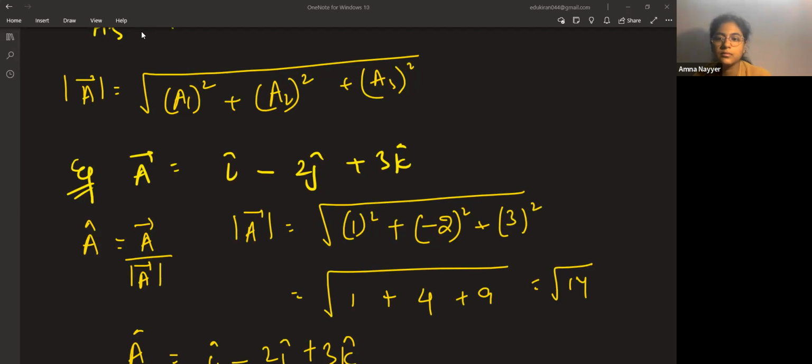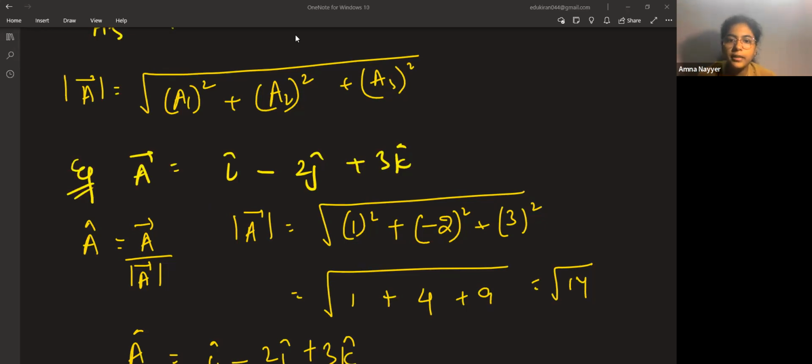Ma'am, can you just recap what you taught? Sarah, you have just come. Did you hear this magnitude part, Sarah? Yeah, that I heard. So see, whenever we are calculating the unit vectors, we take the vector as it is. In the last class, we studied the representation of a vector.